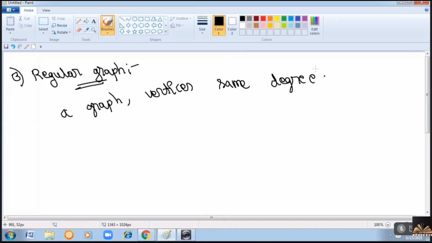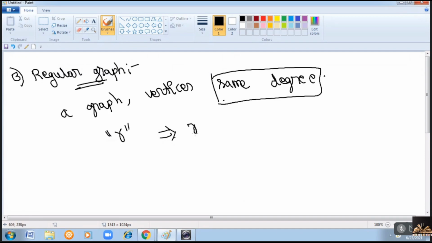All the vertices having the same degree is known as a regular graph. Suppose the degree of all the vertices is R, then we'll call that graph a regular graph of degree R.